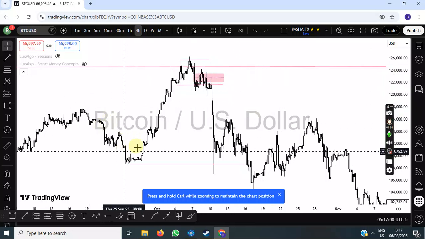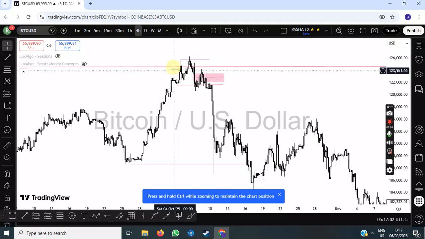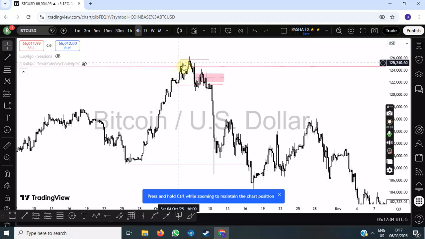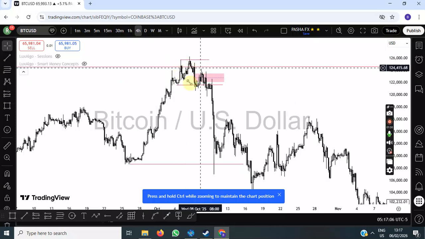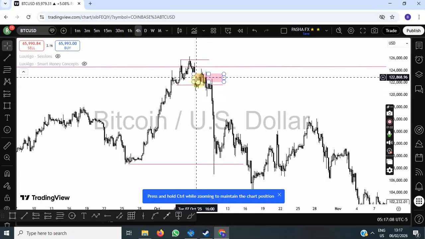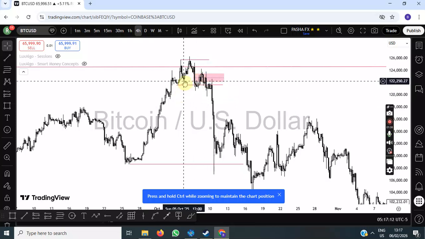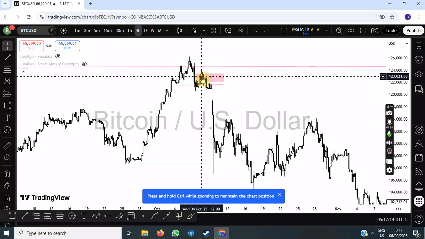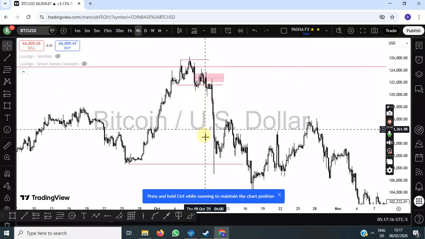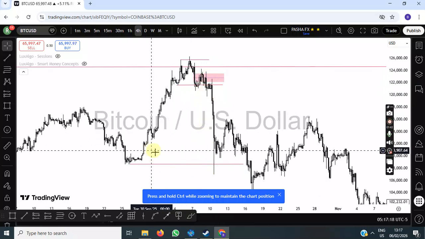My first target was here after the liquidity sweep. Price had a minor liquidity sweep here and a change of character, leaving behind this fair value gap. So I want to see price come, respect the fair value gap, and drop to this equal low.